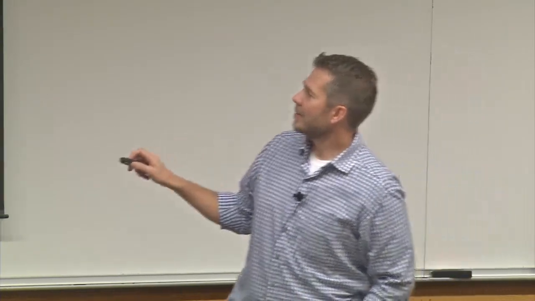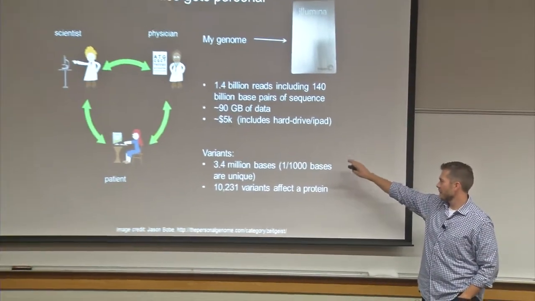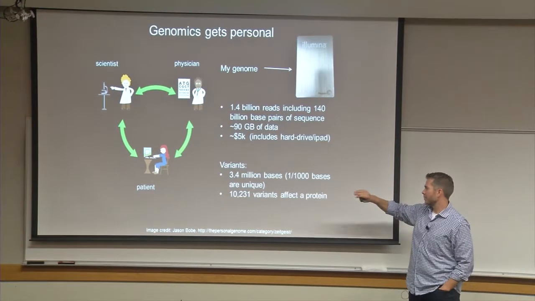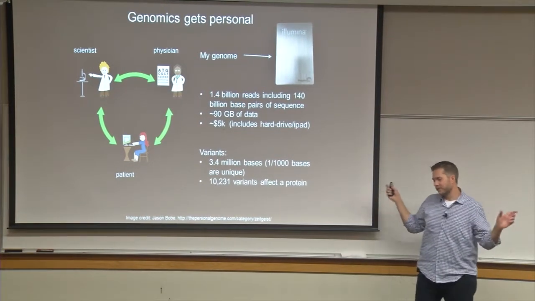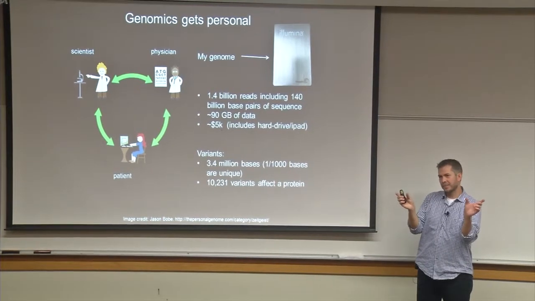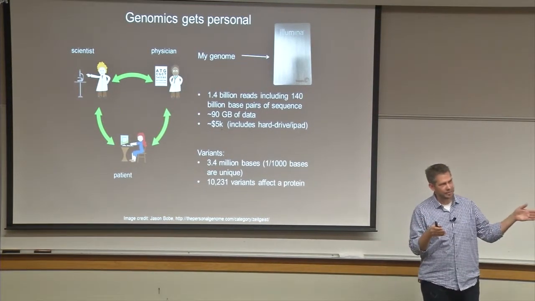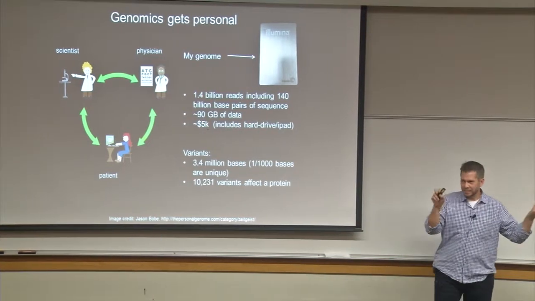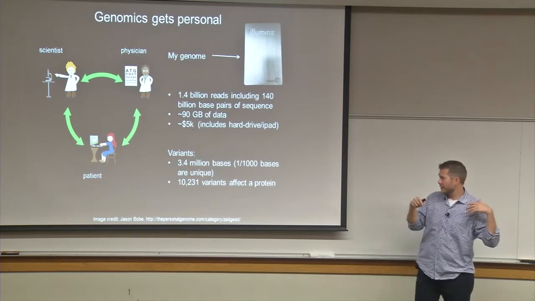Okay, so let me just say, I've got 3 million bases that are different. I'm not going to talk a lot about why this number is so low. Most of our genome doesn't actually code for genes. Gene space is about 5 to 10% of our genome, maybe even less, which means there's a bunch of sequence in between that we know is important.